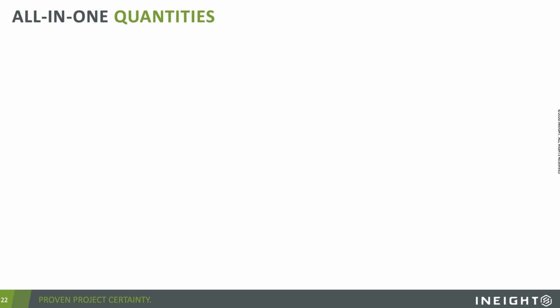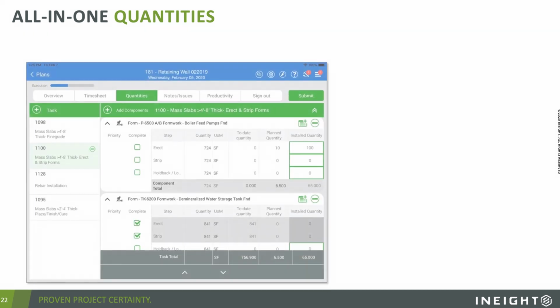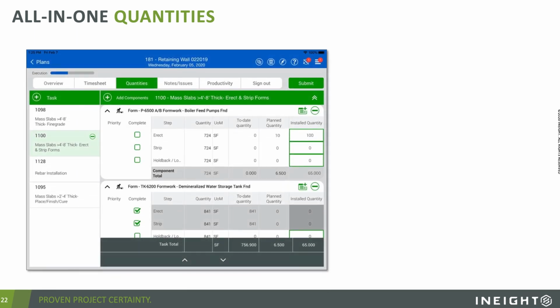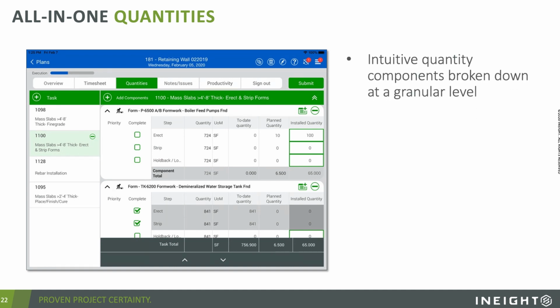But one of the steps that we wanted to take was to go another step further. The time card had those hours and those cost codes. The cost codes are already there, so let's get the quantities. And not just the cost code level quantities, but let's break these down into component level quantities at a more granular level.